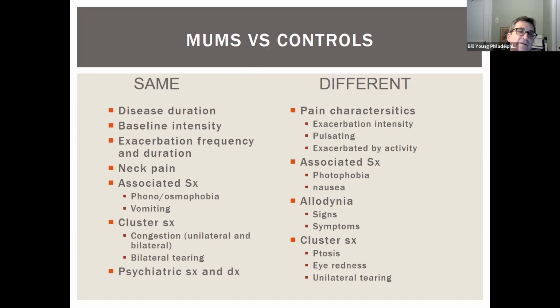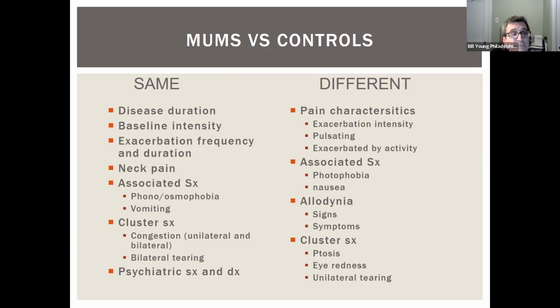So we looked at patients with equally severe migraine, and we wanted to see what the difference was between people who had very severe migraine and people who had MUMS, all of whom had very severe migraine attacks.